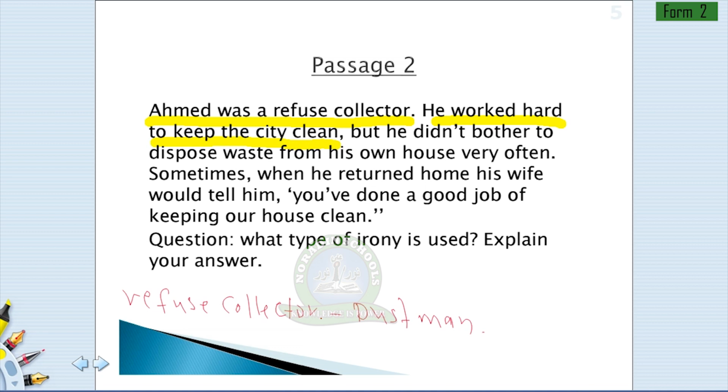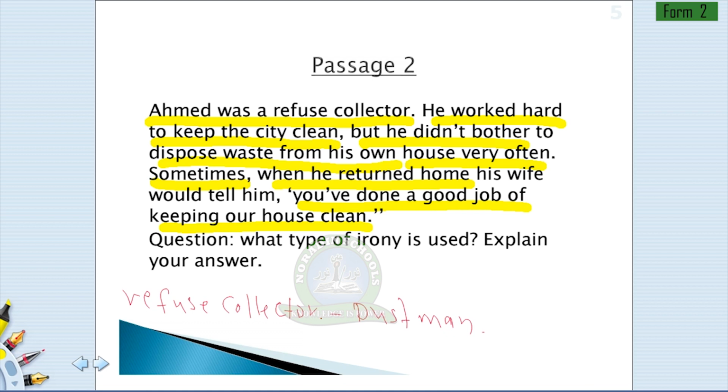But on the other hand, he didn't bother to dispose waste from his own house very often. Sometimes, when he returned home, his wife would tell him, you have done a good job of keeping our house clean.